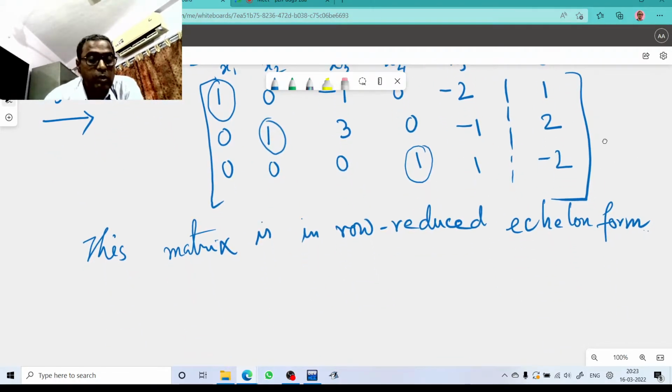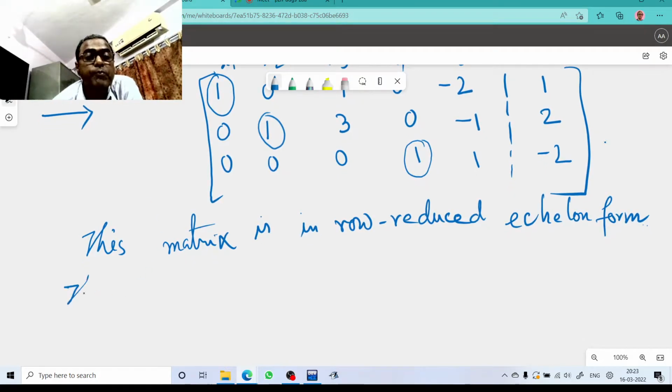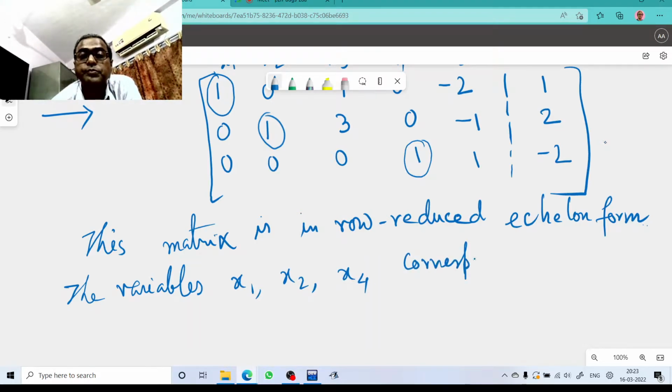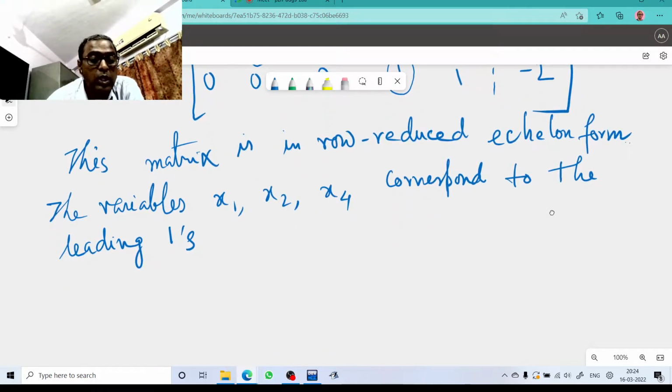So from this matrix, the variables x1, x2, x4 correspond to the leading ones. This leading one is for the x1 variable, the second leading one is for the x2 variable, and the third leading one is for the x4 variable, corresponding to the leading ones of the last matrix.